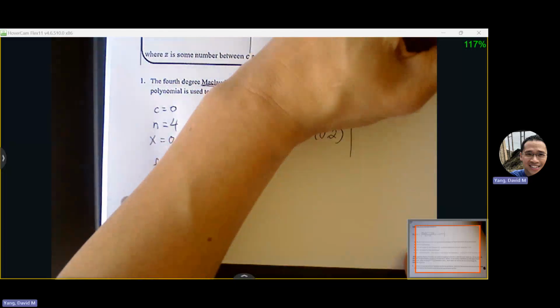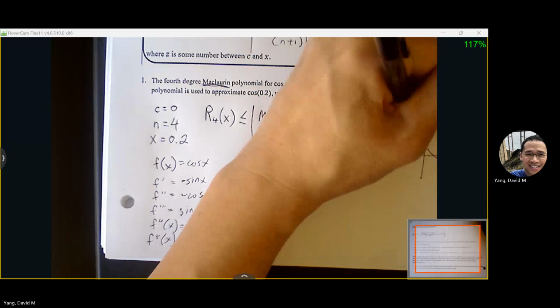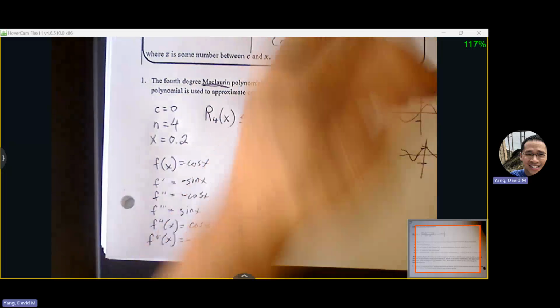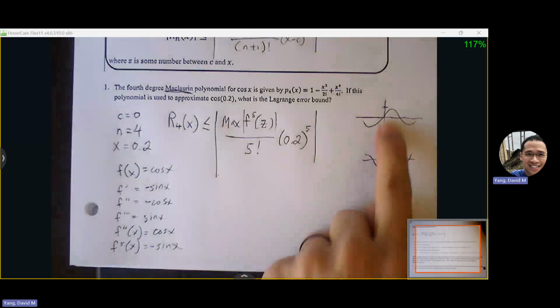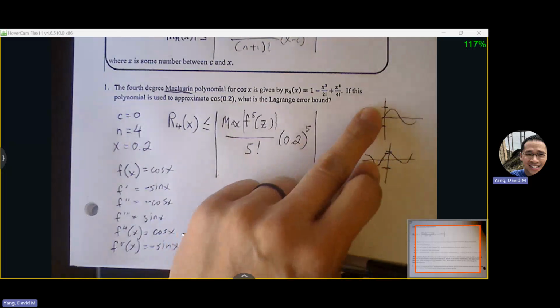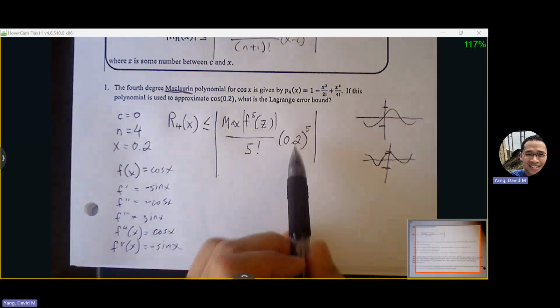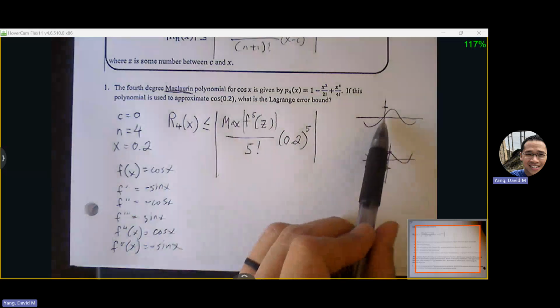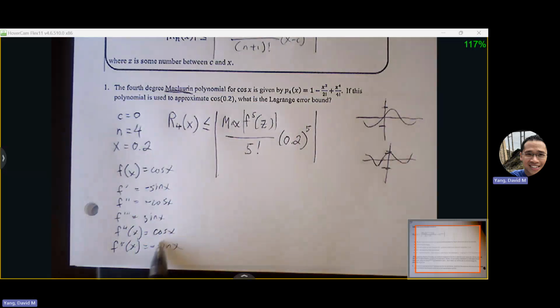Now, it doesn't matter if we're dealing with sine or cosine or negative cosine. What's the maximum value that any of these functions will have in terms of y value? 1. Yep, 1 and negative 1. So the absolute value is just going to be 1. I could test between 0 and 0.2, but we know a safe, easy upper bound is 1.